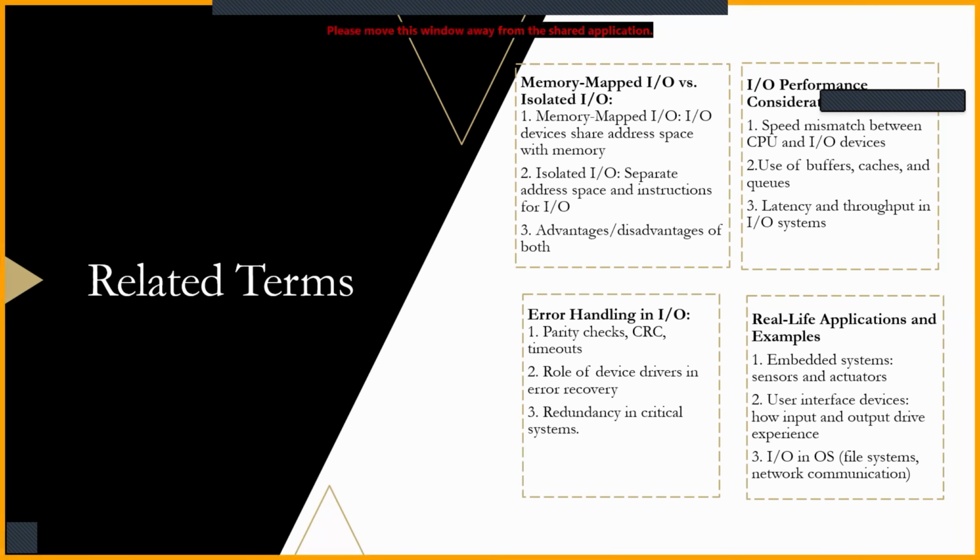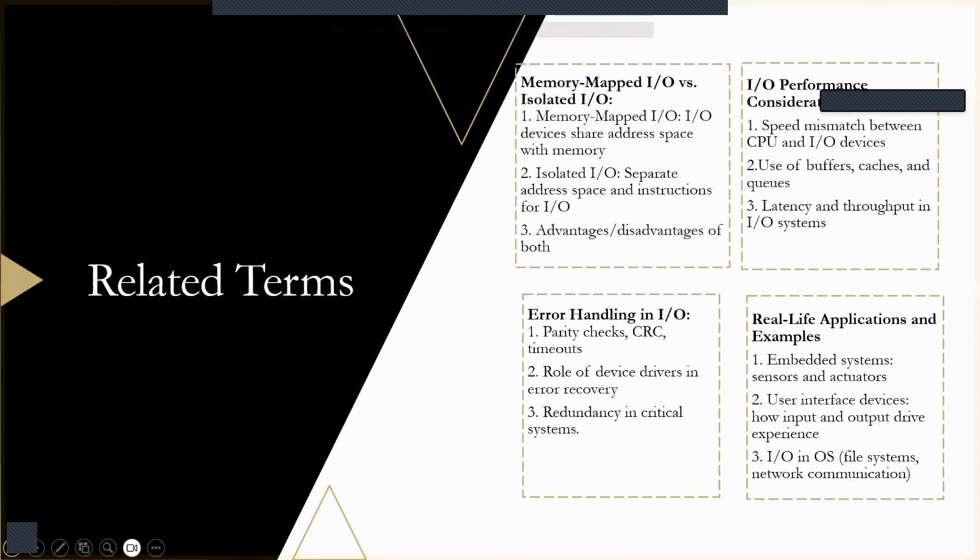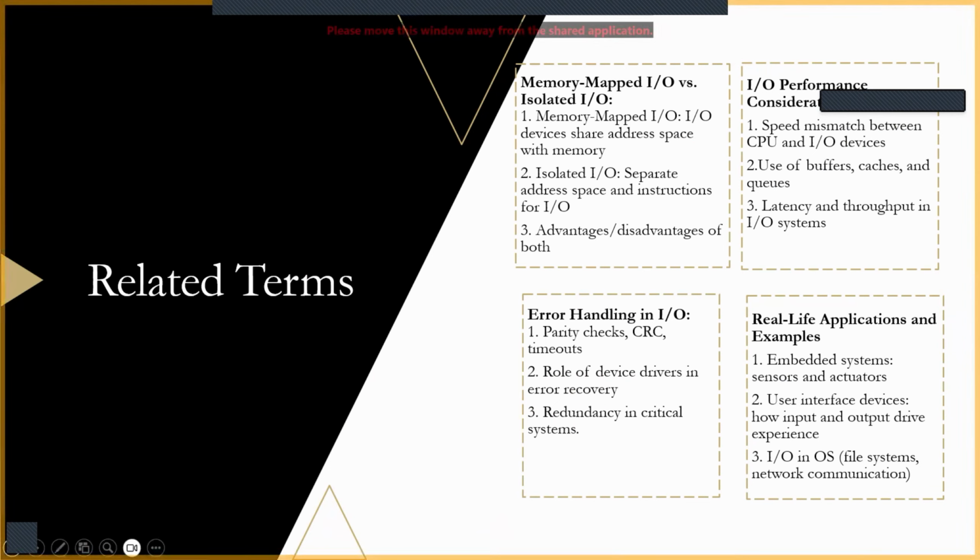The real-life applications and examples of these are embedded system sensors, like the sound you get from your system or your PC. And we have user interface devices, how input and output devices drive experience. And then we have input output in the OS, that is the file system and network communication. Thank you.